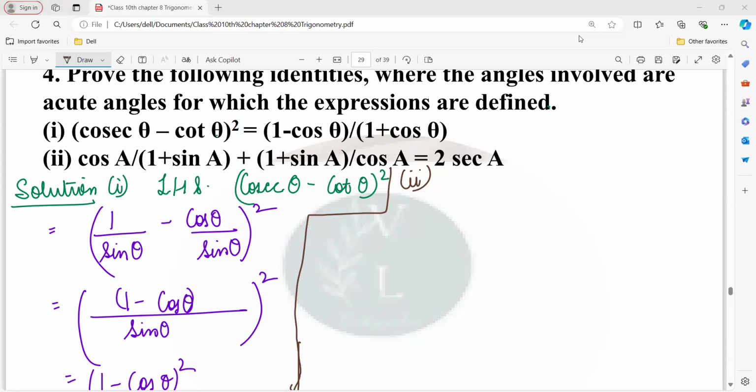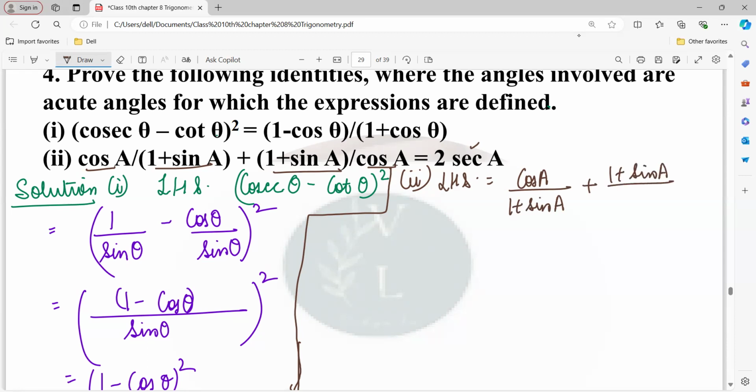So in the part B, we have to prove that cos A upon 1 plus sin A plus 1 plus sin A upon cos A is equal to 2 secant A. So let's again take the left hand side. The left hand side we have is cos A upon 1 plus sin A plus 1 plus sin A upon cos A. Both are fractions, so we'll take the LCM of it.